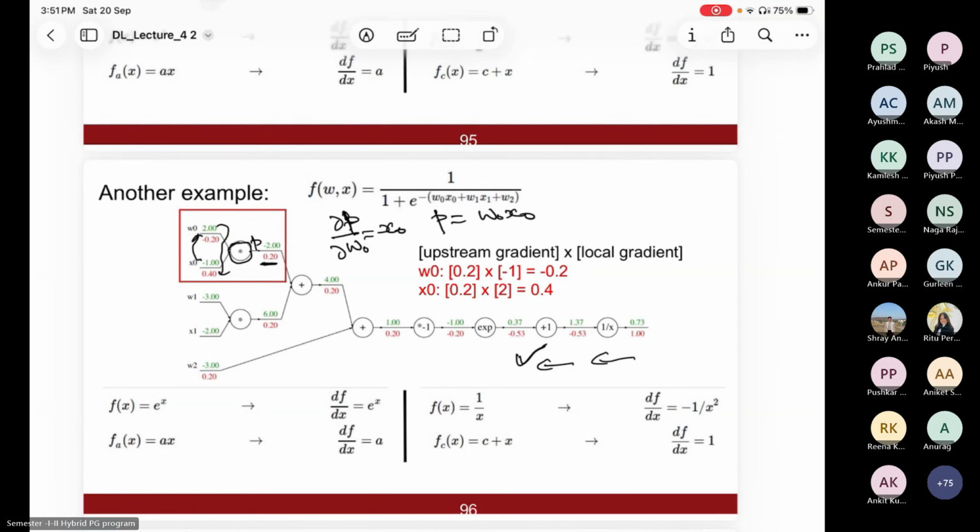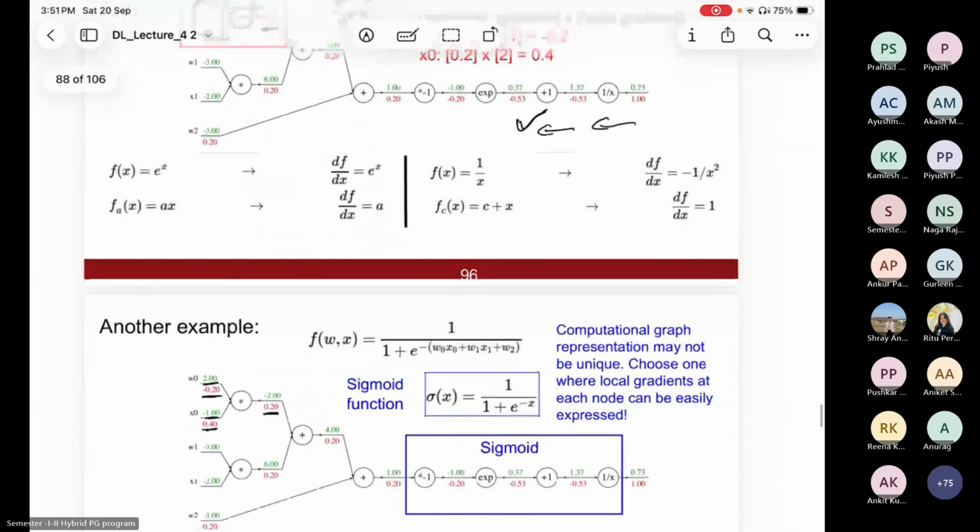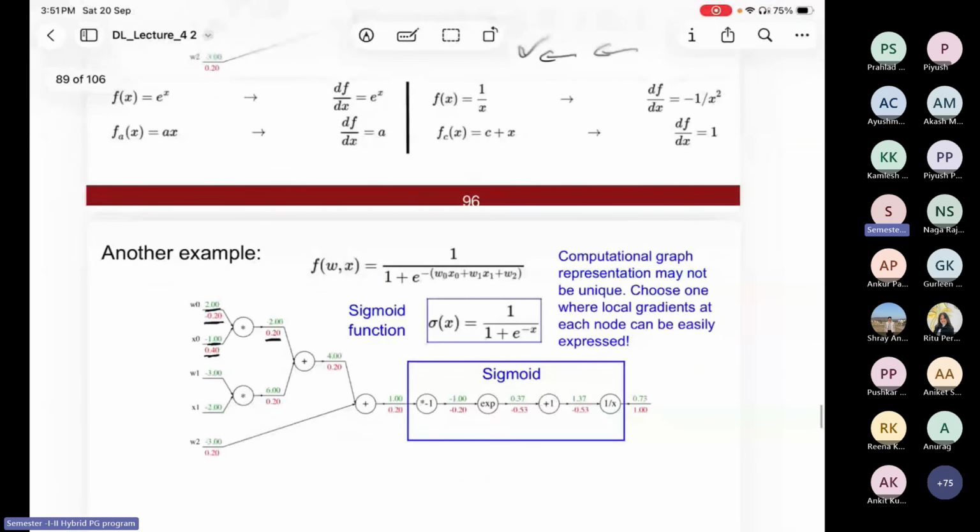So for that, first we need to understand what actually we are doing here. Firstly we are calculating this thing, which is happening in this part.